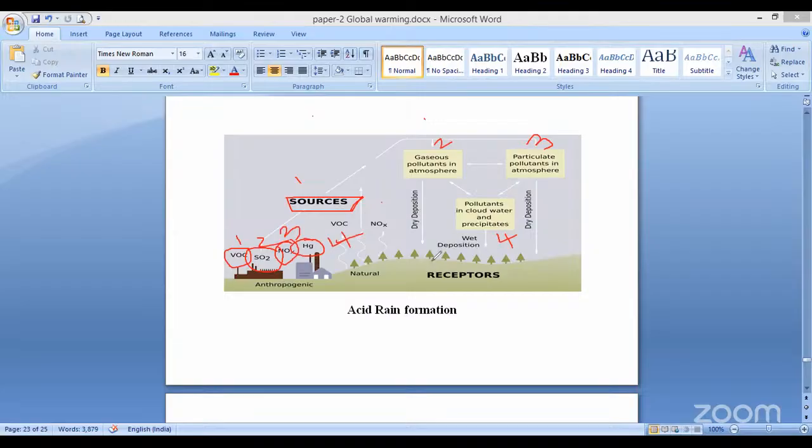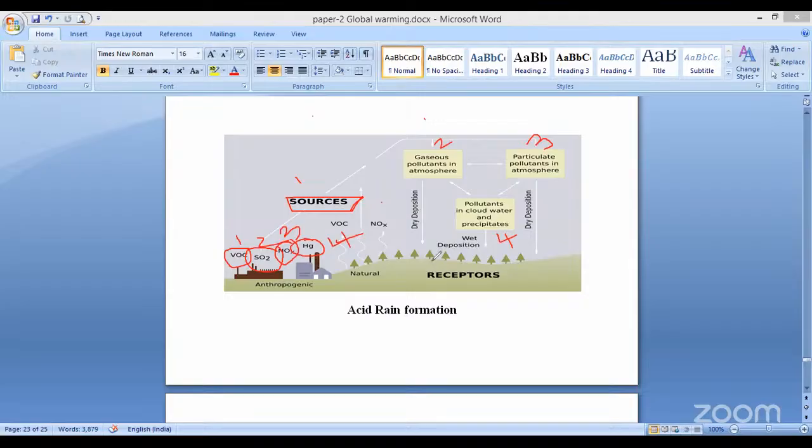Volatile organic compounds and nitrogen oxides naturally can add an acidic effect to the environment, but it is only 2 to 3%. The remaining total percentage is due to human activities. Dry deposition: the gaseous pollutants and particulate pollutants in the atmosphere are also present.